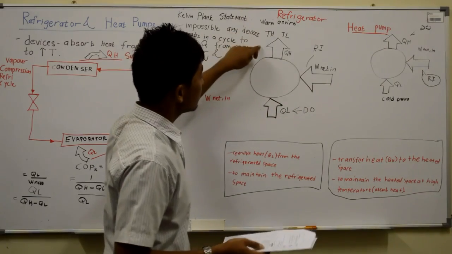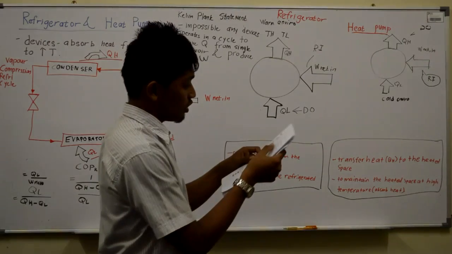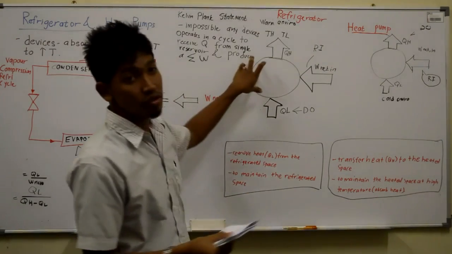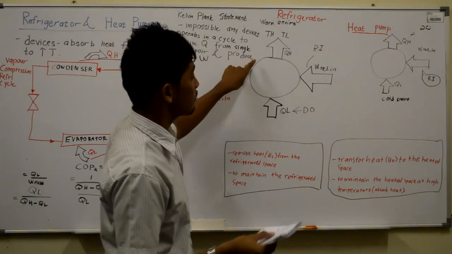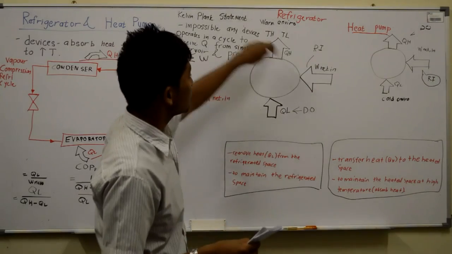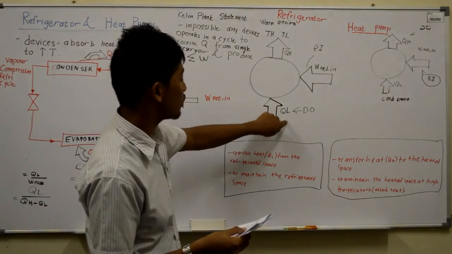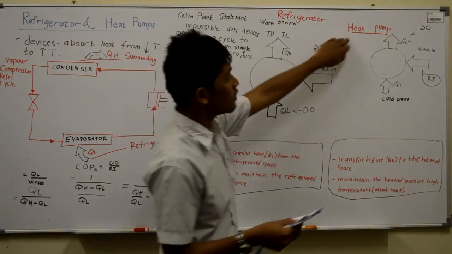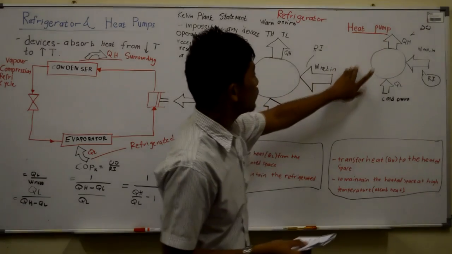Okay, a refrigerator is different from a heat pump because the structure looks the same, but it is not the same in the aspect of desired output. We can see that for the refrigerator, the desired output is the heat removed at the low temperature, while for the heat pump, the desired output is the high heat that it releases.